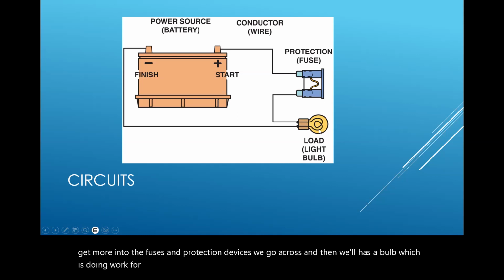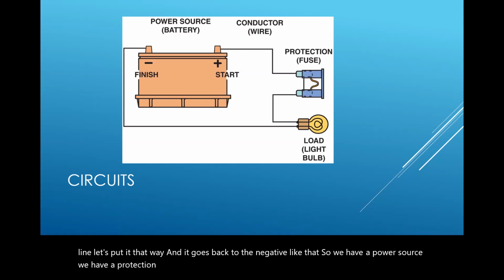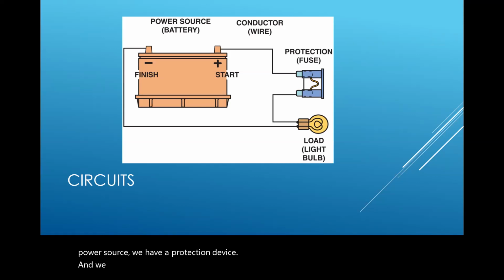Turn on that bulb, our load, and then it goes all the way back to the finish line, let's put it that way, and it goes back to the negative. So we have a power source, we have a protection device, and we have a path to go. These wires here are our path, to actually make a completed circuit and make sure continuity is involved.